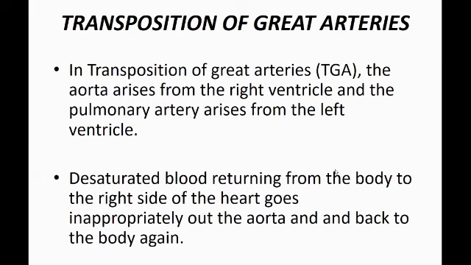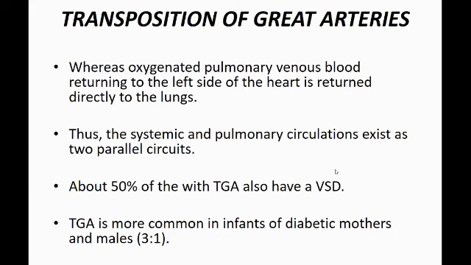So desaturated blood returning from the body to the right side of the heart goes inappropriately out of the aorta and back into the body. Similarly, oxygenated pulmonary blood returning to the left side of the heart is returned back to the lungs. So this is a sort of parallel circuit where oxygenated blood is going back to the lungs and deoxygenated blood is going back to the body.